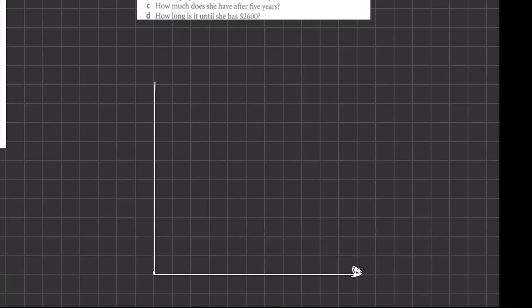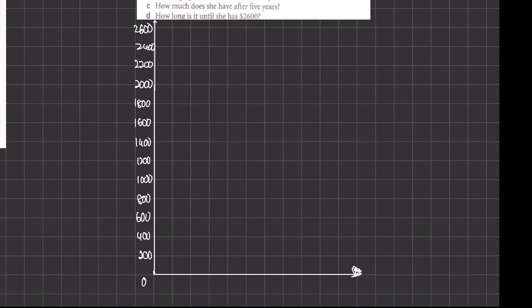So that's how I draw my graph. Okay, so I need 13 blocks to be up to here. So 200, 400, 600, 800, 1,000, 1,200, 1,400, 1,600, 1,800, 2,000, 2,200, 2,400. There we go, 2,600. That's how I determine what my range is.